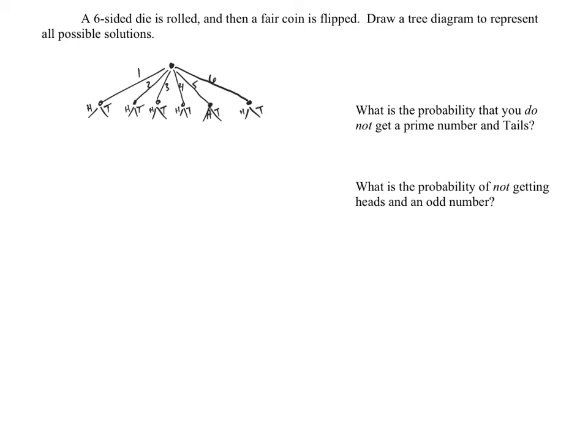All right, what's the probability that you do not get a prime number and tails? Let me write in my possible outcomes real quick. So let's try to find those scenarios. Well, let's look at the situations where you do get a prime number and tails, and then just take the complement of it.